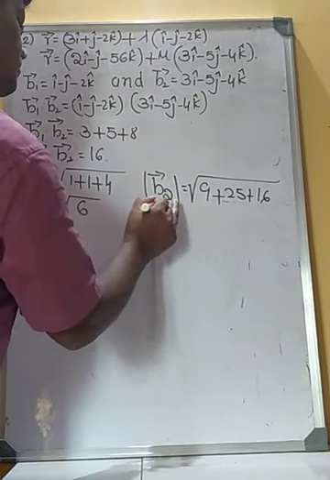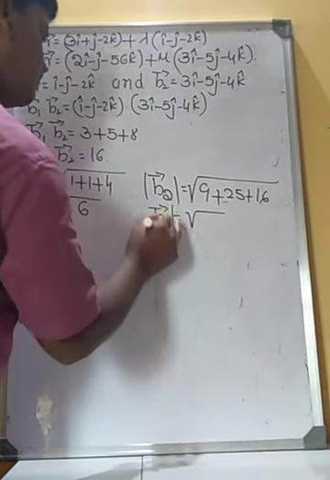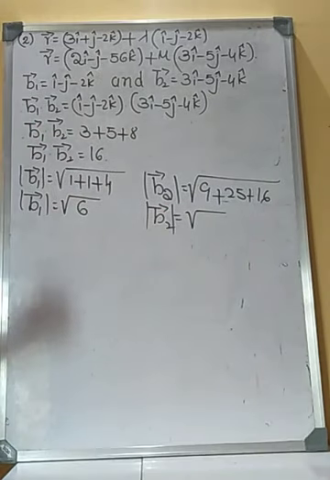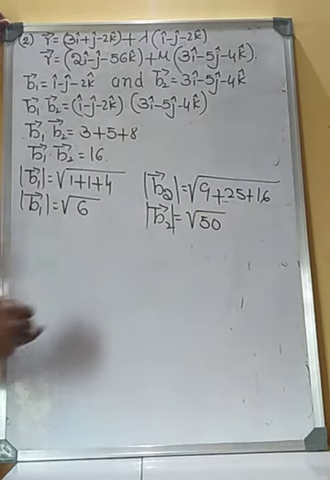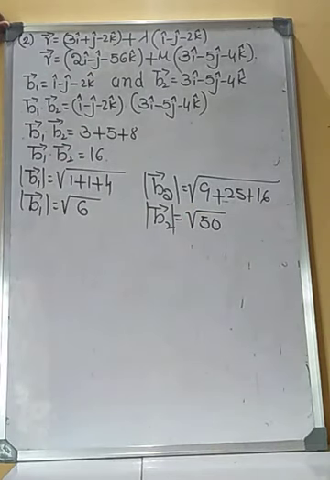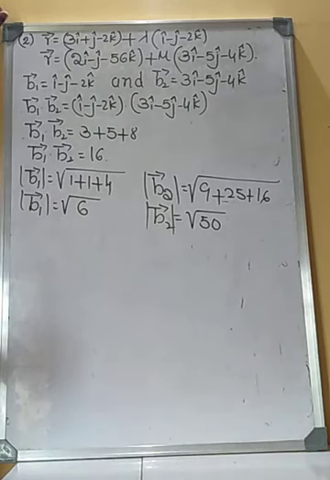Therefore, B2 vector magnitude is equal to root of 50, square root of 50.